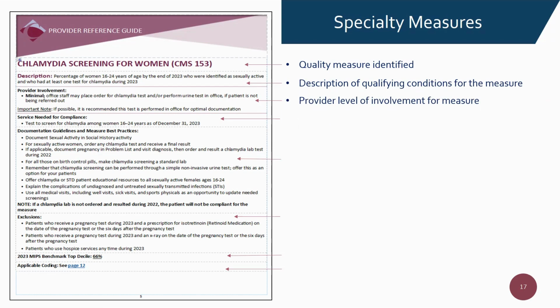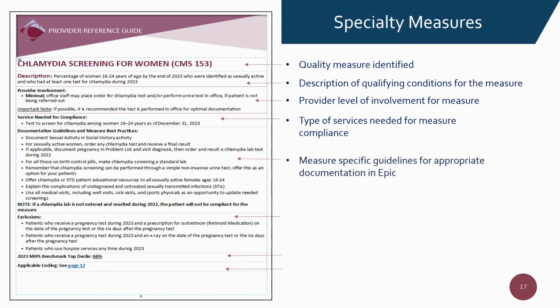It will be described at the minimum level of intervention required, as well as any important notations to support the measure's qualifying conditions. Underneath is a service needed for compliance section. This information is simplified to quickly identify the type of services needed to fulfill the measure.